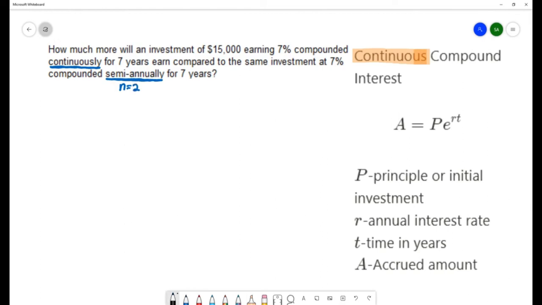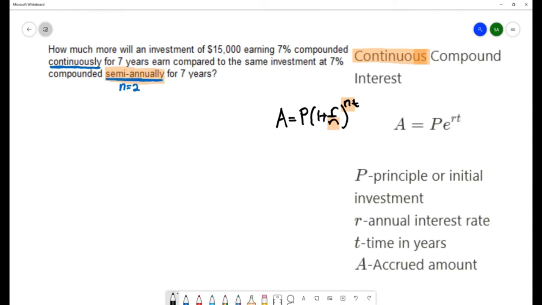So let me write down that other formula for you. The other formula is A equals P times 1 plus R over N to the NT. And that was our periodic compound interest formula. And that value of N will be 2 because interest is compounded semi-annually.